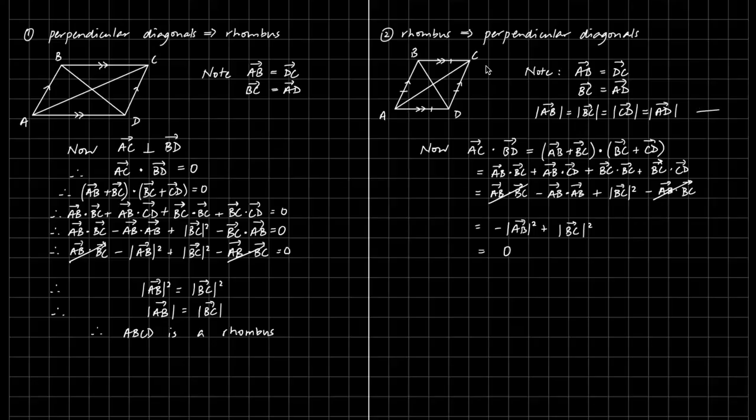So they're equal in length, and so therefore when we take the square of the magnitude of one from the square of the magnitude of the other, it's equal to 0, and that means that therefore the diagonals are perpendicular, because we showed their dot product was equal to 0, and so therefore we've proved that if it's a rhombus, then its diagonals are perpendicular.